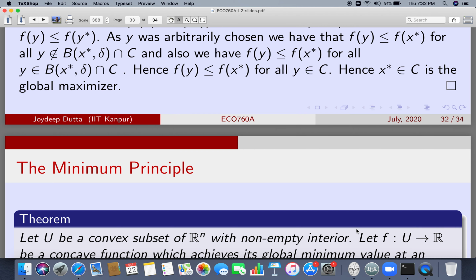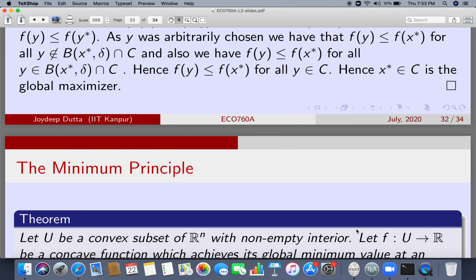Rockafellar, as a postdoctoral student, was giving this set of lectures to students in Princeton, and he was also discussing these things with Tucker of the famous Kuhn-Tucker conditions, which we will learn in the coming few days. And he had asked Tucker what should be the name of this collection of lecture notes, because Tucker wanted that this could be printed as a book.